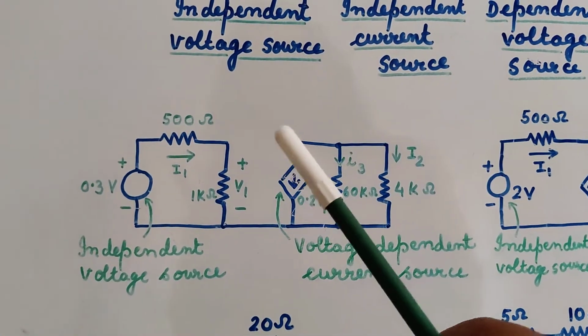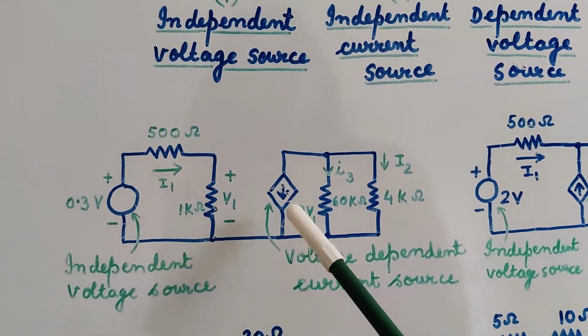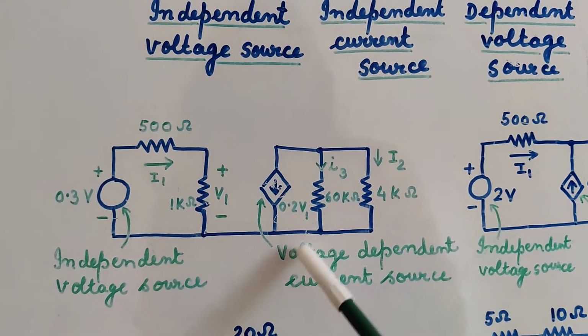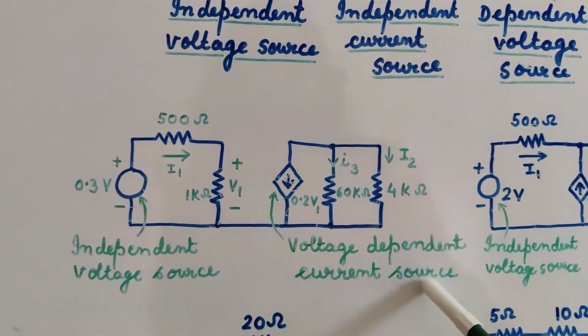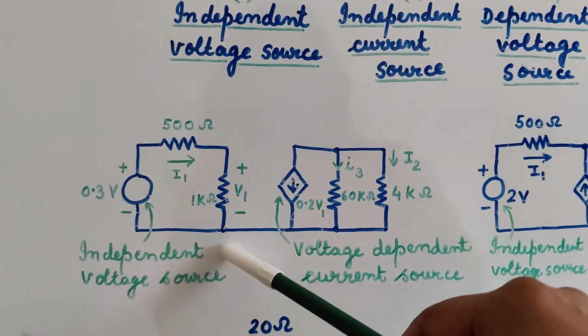Since the value of this current source is dependent upon the voltage, this type of dependent current source is a voltage dependent current source, because its value is dependent on the voltage in this circuit element.